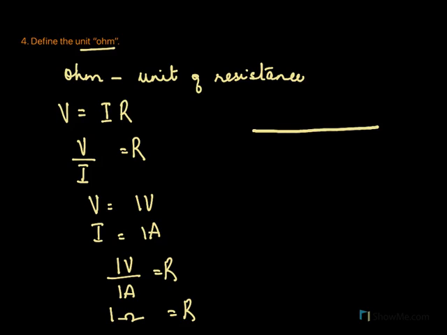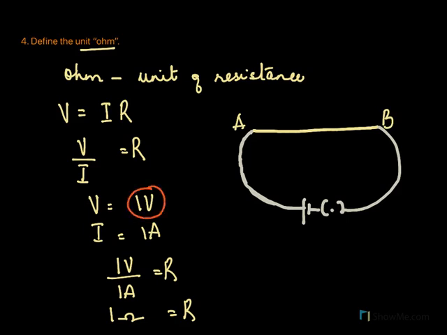To explain this, I'll take a wire, and this wire of course is now connected to a battery. I'll just make it continuous. It has to be continuous. This is the wire, say AB. How will I explain what is 1 ohm? Here I'll apply a potential of 1 volt. We take V equal to 1 volt.